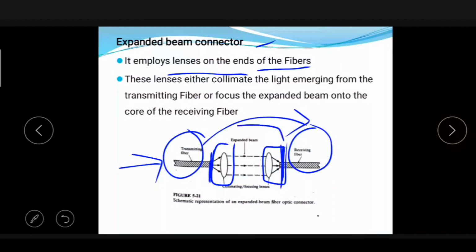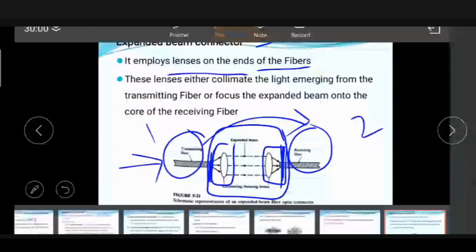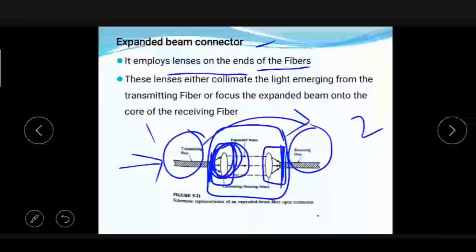Now this is a connector. This part is the connector. This is fiber 1. This is fiber 2. So the light is emitted and it is focused onto the collimating lens. We call it a collimating lens. The lens will project the light, or the beams get expanded, and they focus onto the receiving fiber.